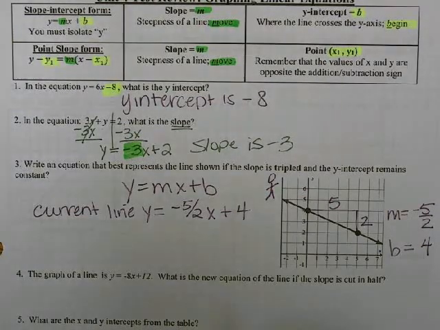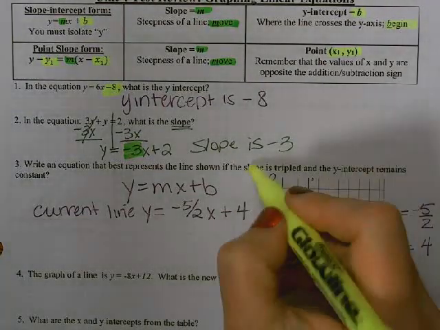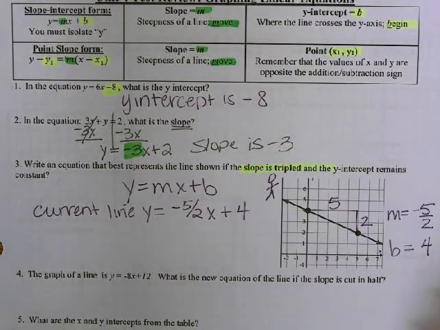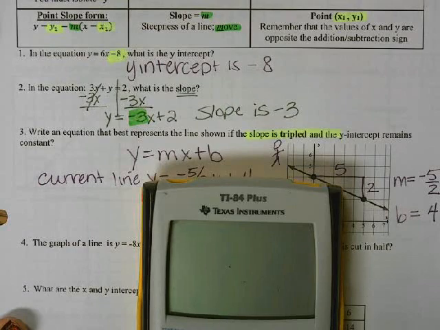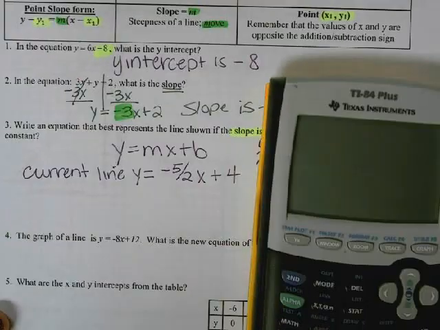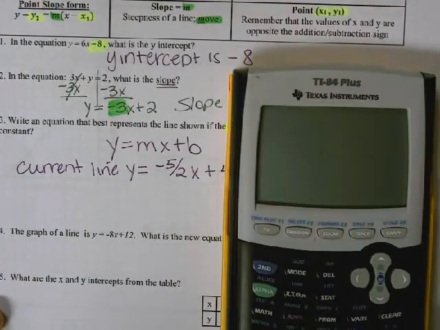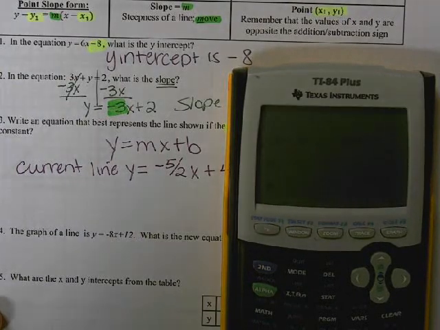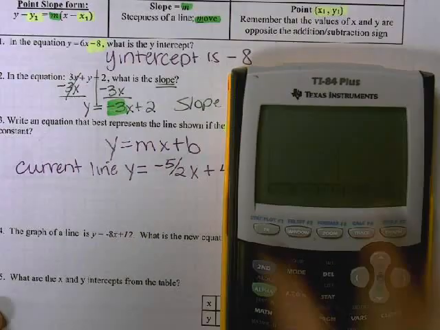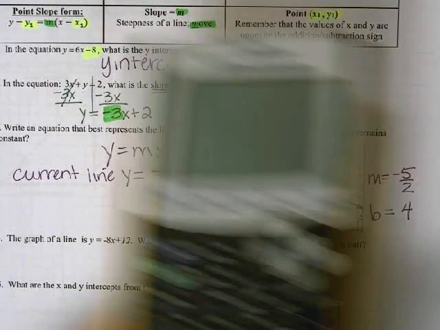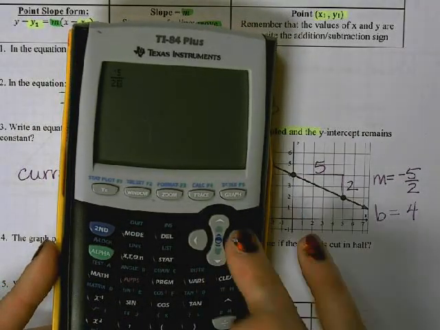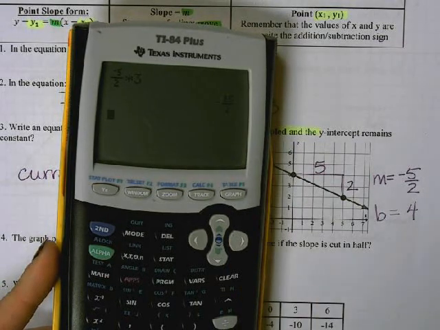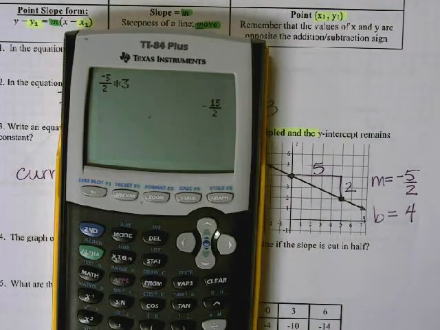Okay? Now it says if I triple the slope, so I'm going to come to my calculator, and I'm going to say negative 5 over 2 times 3, since tripled means times 3. So over here, we're going to clear out everything. Alpha y equals enter, so we can get our fraction, and say negative 5 over 2, all of that times 3, and that gets me, I don't know if you can see it, negative 15 over 2.